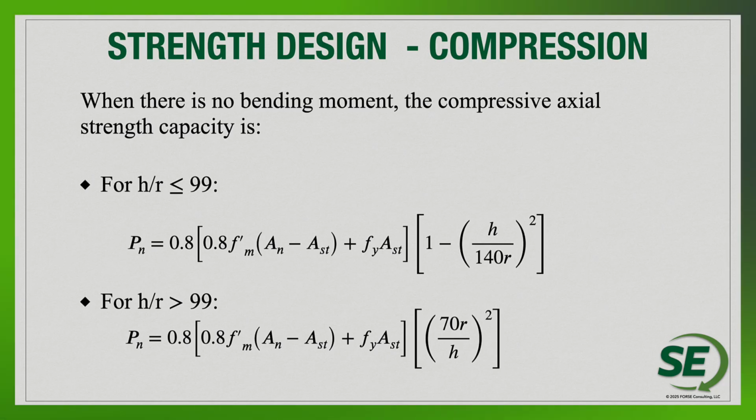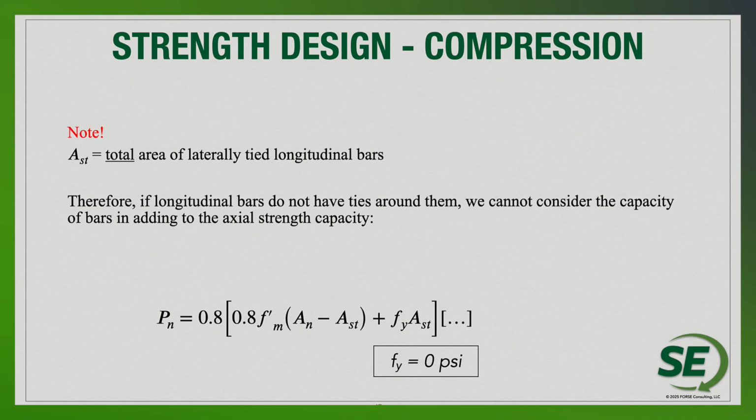A useful value to know, though, is if you don't have any height to consider, if you're just looking at the pure compression capacity, looking at what the actual forces are going to be for the design, so that your overall design is not going to be reduced by a factor.